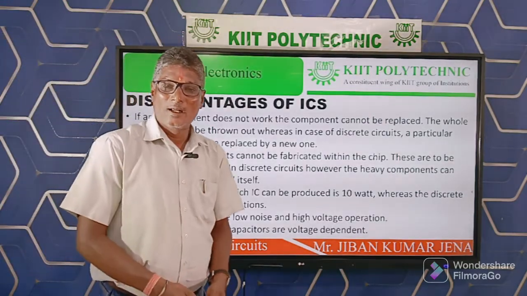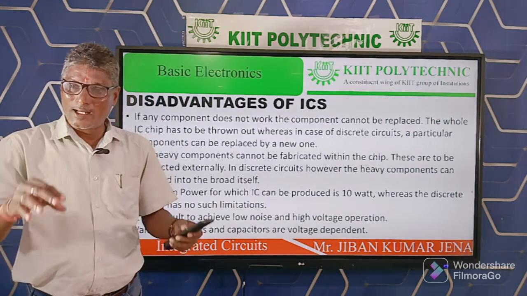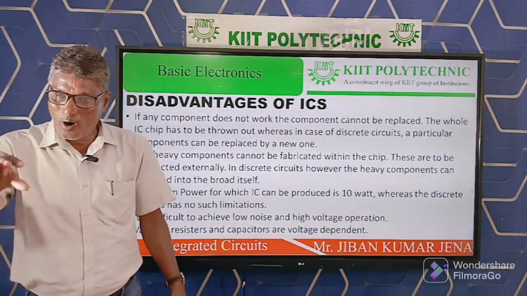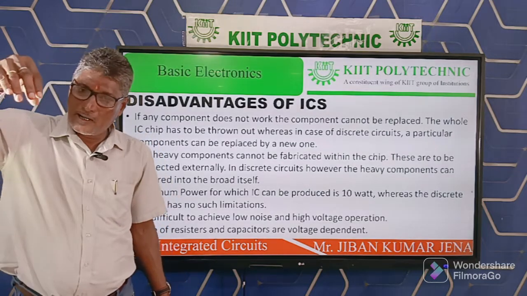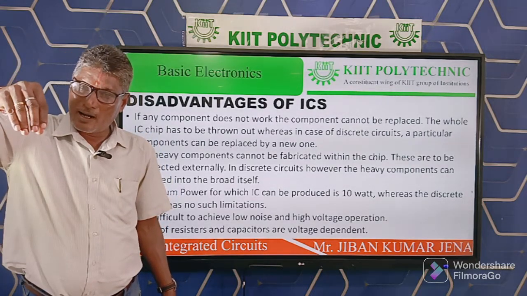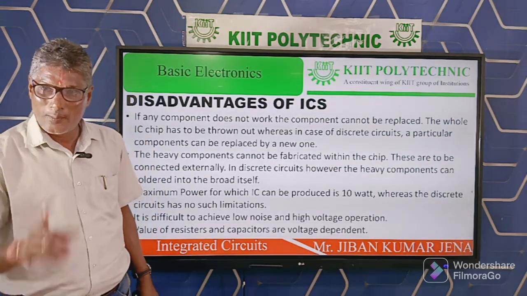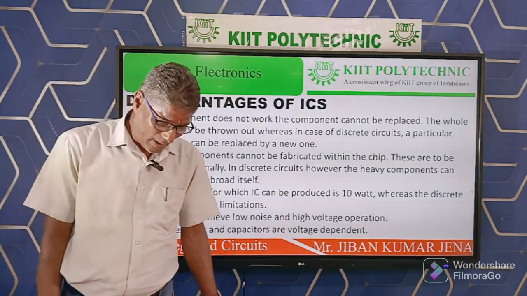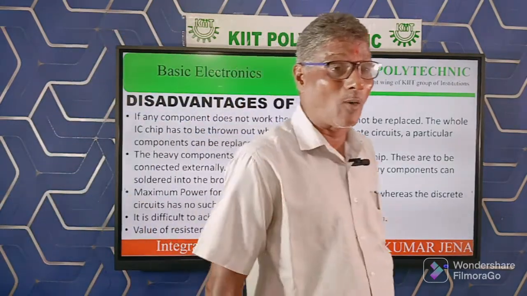So this is a very vital point, because in the case of your IC, there are a number of passive and active components internally in the IC. So if one component is damaged, what will happen?